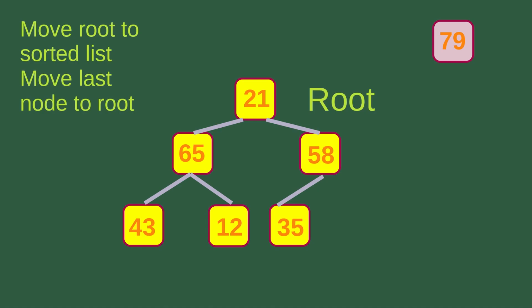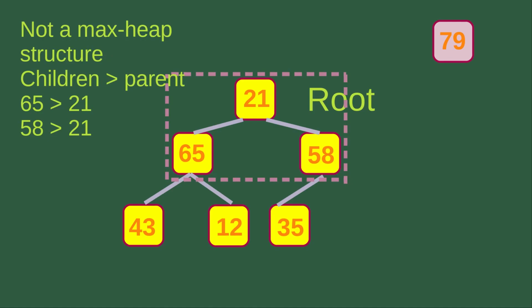So initially the last element was 21, but now it becomes the topmost element, which is the root. And after this shifting of the elements, we see that the max heap structure cannot be maintained because the children are larger than the parent. So 65 is larger than 21 and 58 is also larger than 21. So we need to do the swapping.